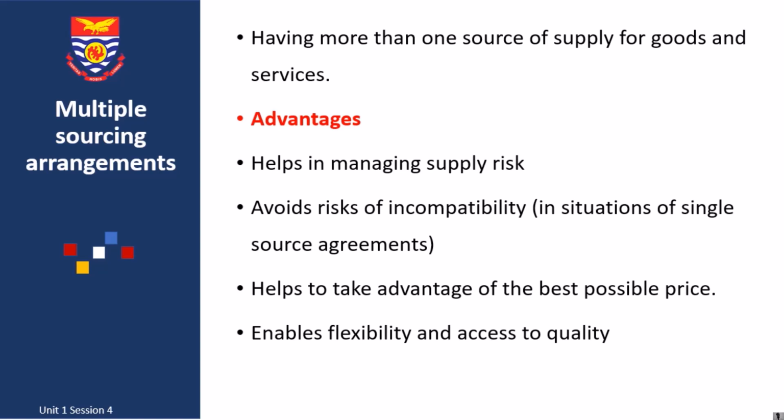It helps you to take advantage of the best possible price, because you have several suppliers in the market. You have the option of switching and buying from whomever you please, depending on the price, because such an arrangement is characterized by the lowest possible price.